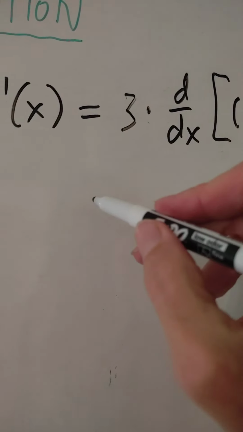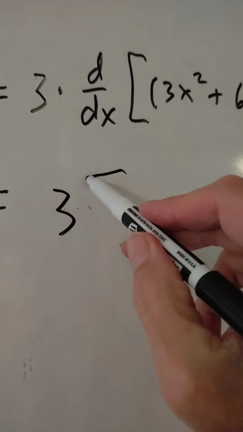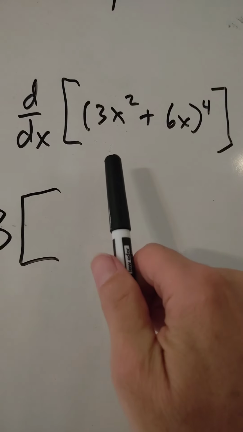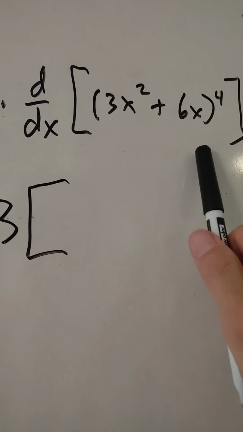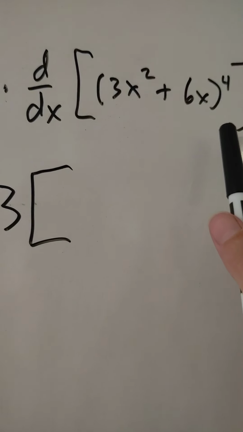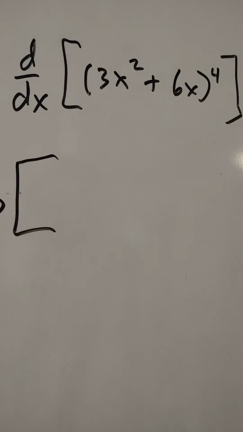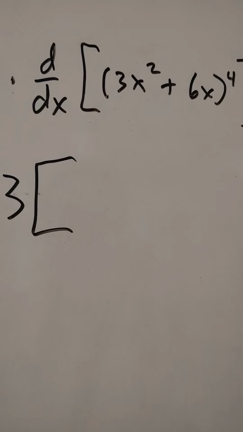Okay, so proceeding, this derivative is now going to be 3 times, and now let's take the derivative of this expression. So here's how the chain rule works. We're going to take the derivative of the outside part, evaluate it at this inside part, and then times the derivative of the inside part.